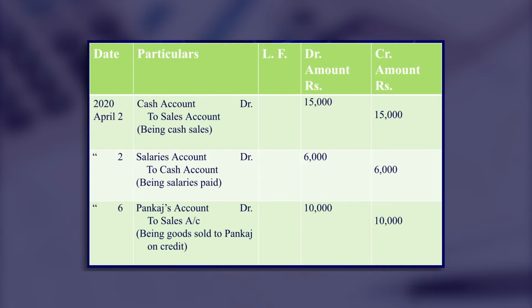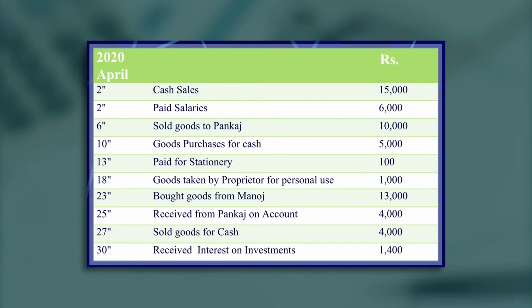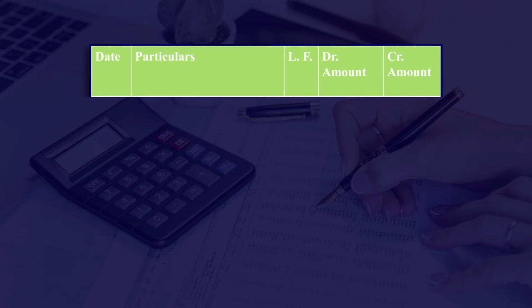Then if we go back again, the fourth one is cash purchases, 5,000 rupees. Here we have purchased goods worth rupees 5,000 on cash basis. Two accounts are affected, cash account and purchases account.